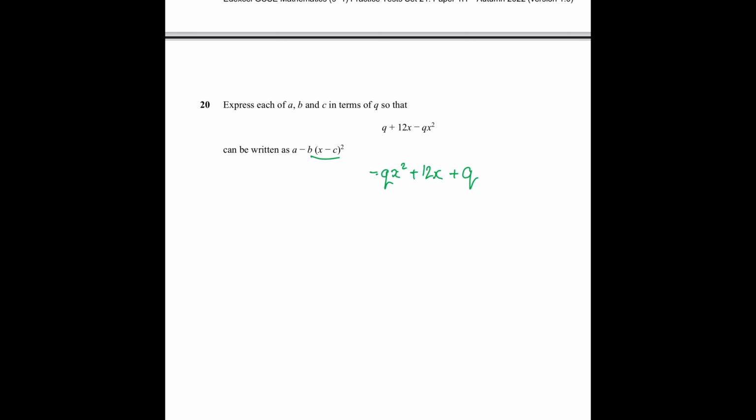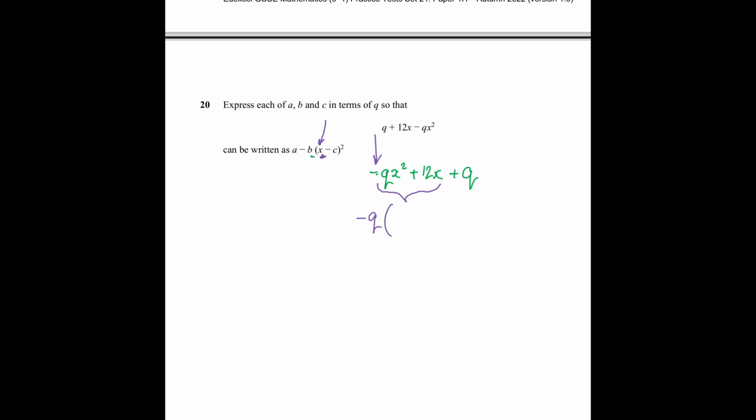Okay, so if you notice about the brackets, the way they want the answer, the x coefficient is positive. And currently, ours is not, it's minus q. How can I fix that? Well, I'm going to start by factorizing out. Notice how in this bracket, there's no number in front of x. So with those first two terms, the minus qx squared and the plus 12x, I'm going to factorize out not just q, but the letter negative q.